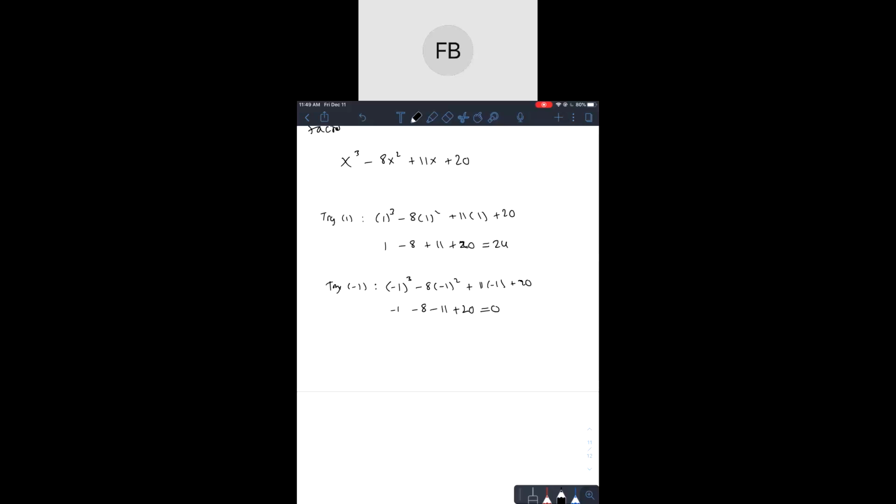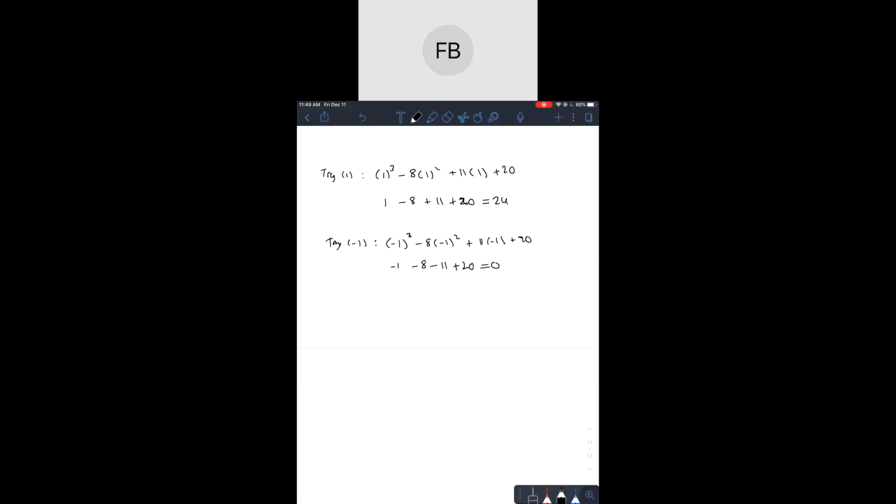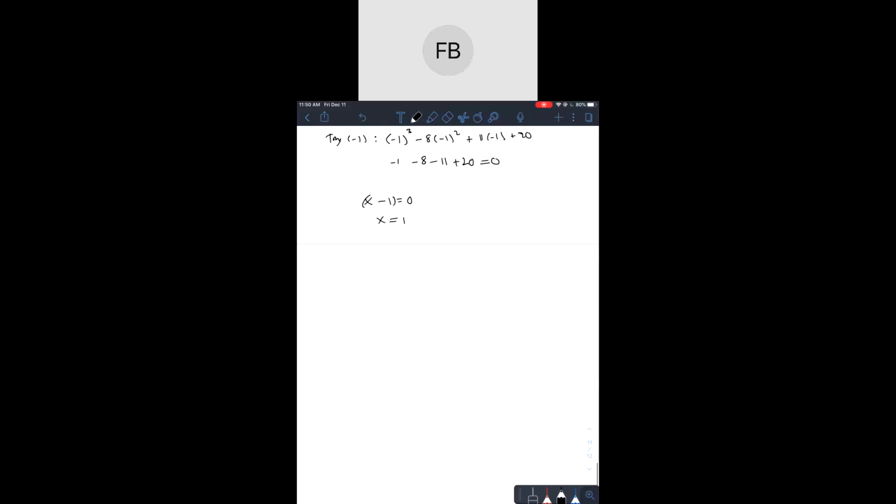Now, if you put x plus 1 as your factor, then x equals -1. So let's go ahead and start using this.